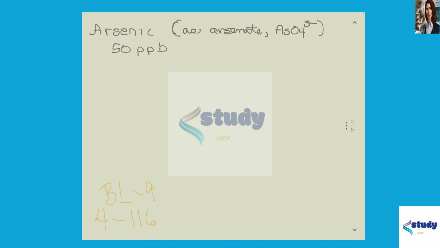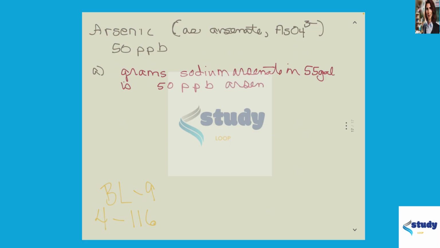We are asked to calculate how many grams of sodium arsenate are in 55 gallons of water, which is a drum of water, if we have a 50 part per million arsenate concentration.